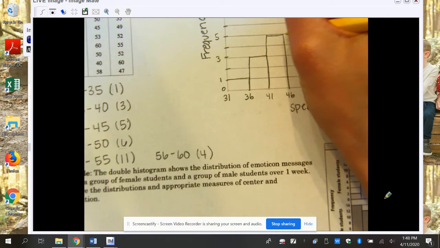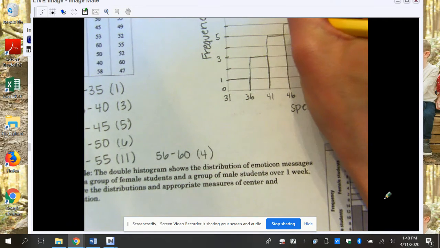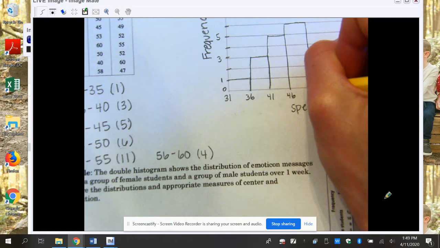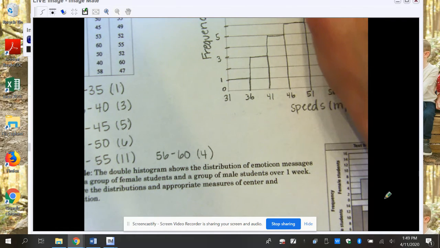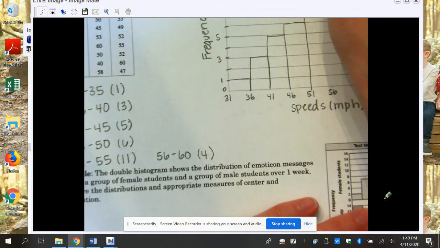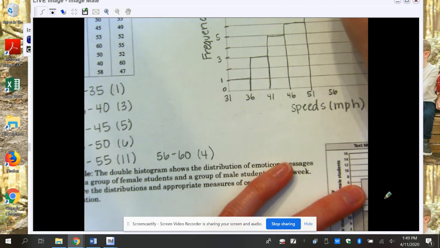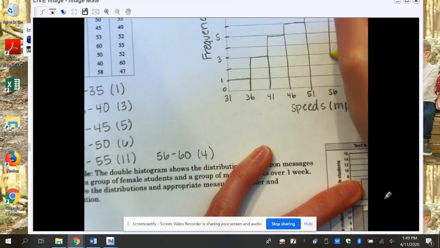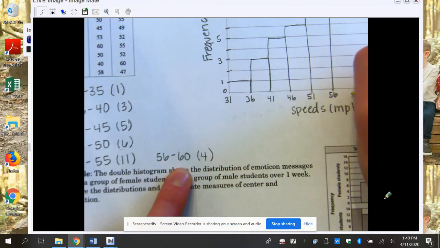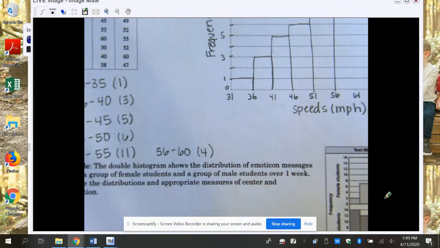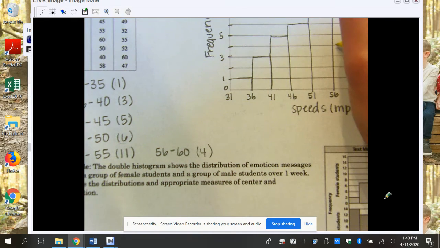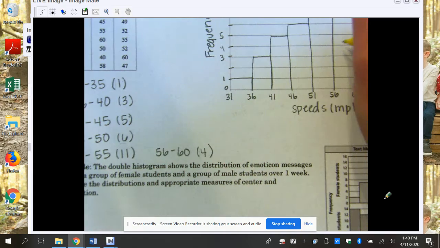Then I counted 6 going between 46 and 50. And then 11 going between, oh, I forgot that last. Because I wrote it over here. So this would be 61. And then my last interval, I had 4 cars.